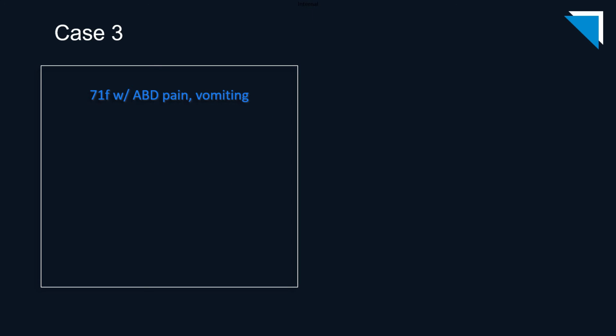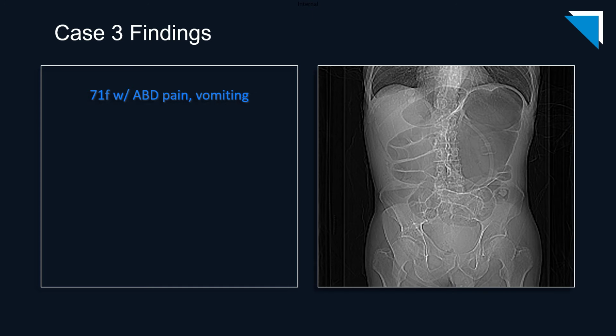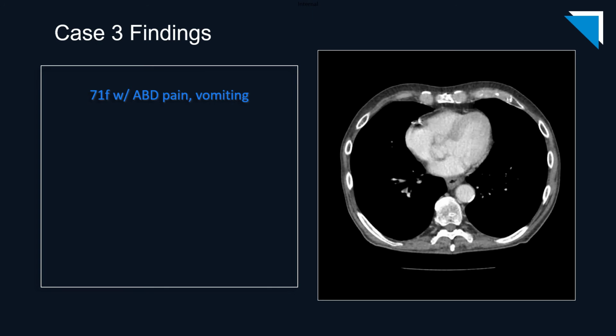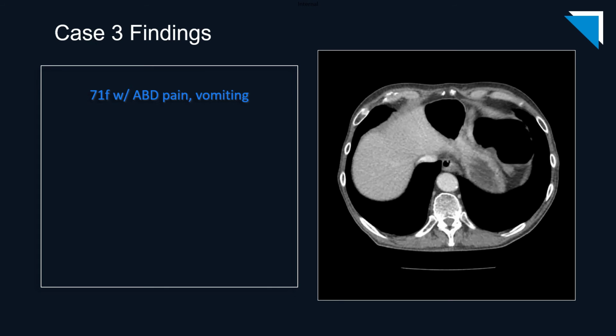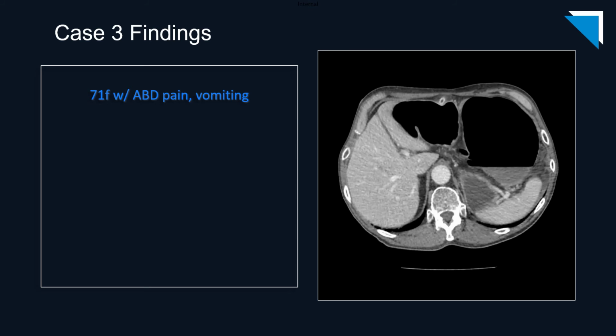Our third patient is a 71-year-old woman with abdominal pain and vomiting. This is the rather impressive scout image from a CT scan of the abdomen and pelvis. Let's scroll together through these axial images from the contrast-enhanced CT scan of the abdomen and pelvis.